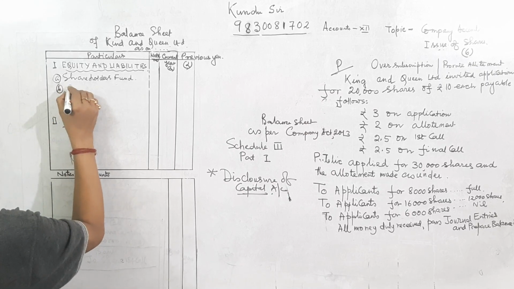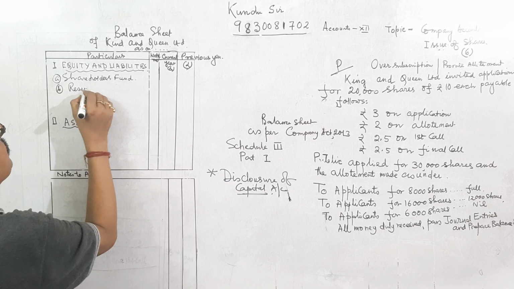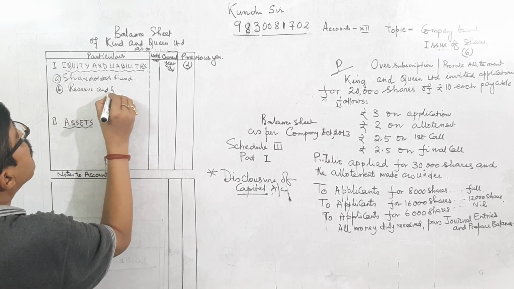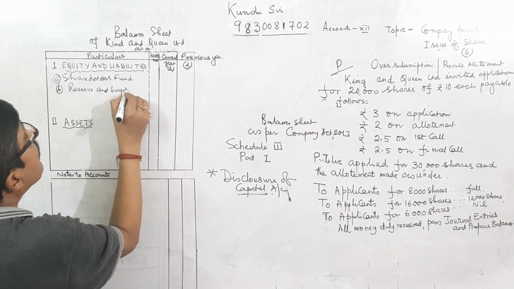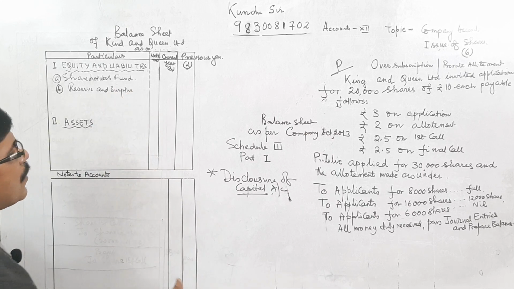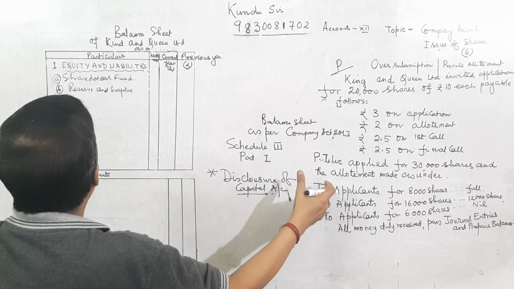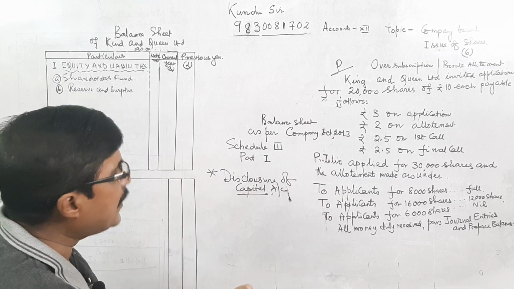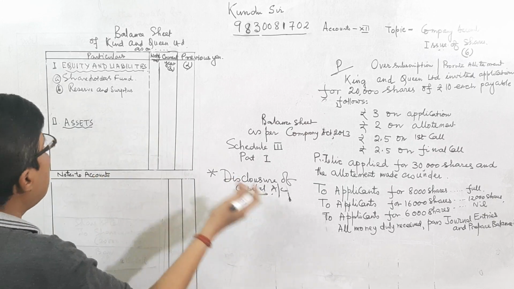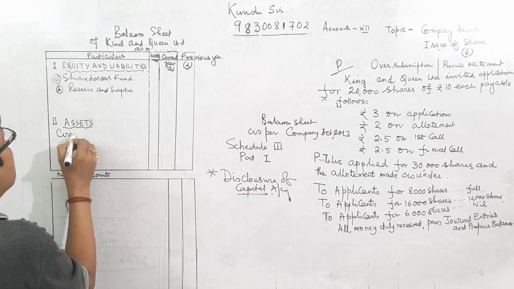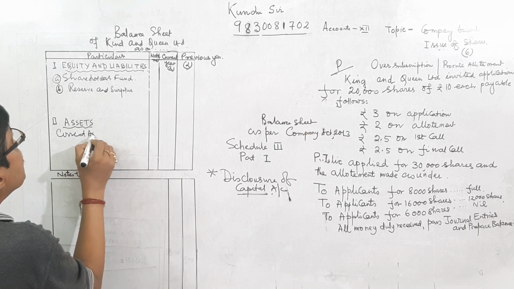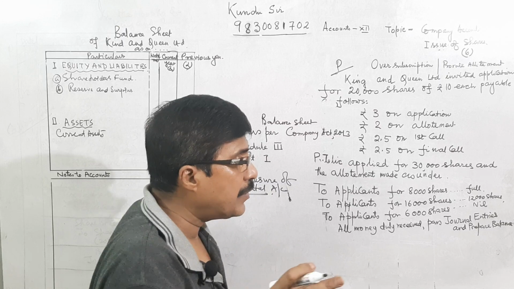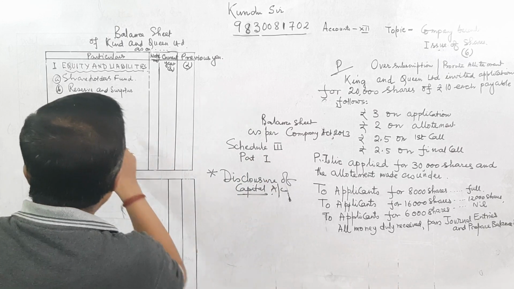B, reserve and surplus. But there is no reserve and surplus in this problem. In the assets, there is a current asset, no fixed asset here. So we should write here current assets, and the disclosure is to be given of the current asset under assets.